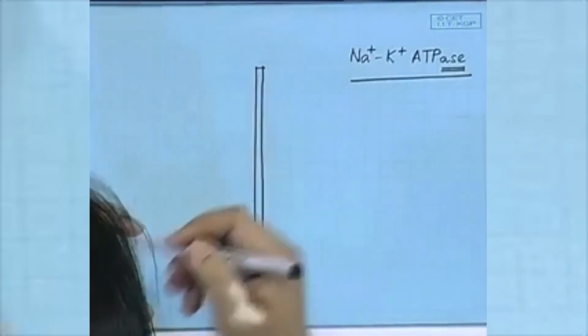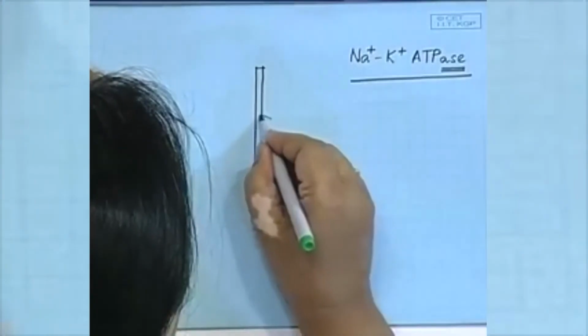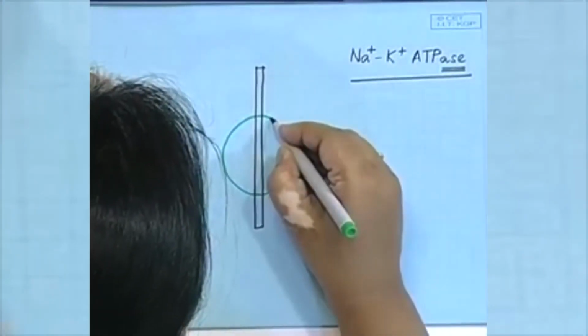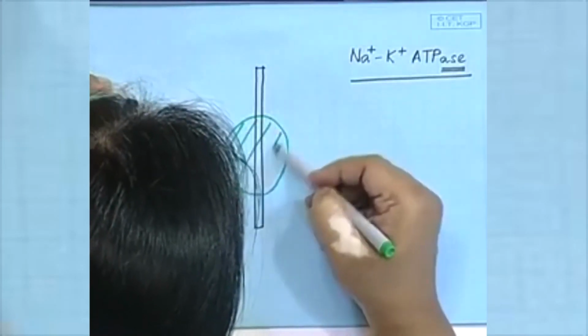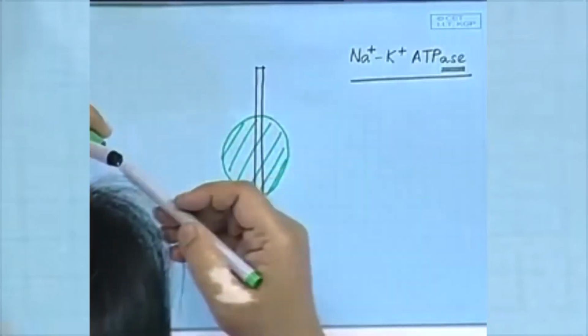So, say this is occupying this region here. This is where our Na plus K plus ATPase is.